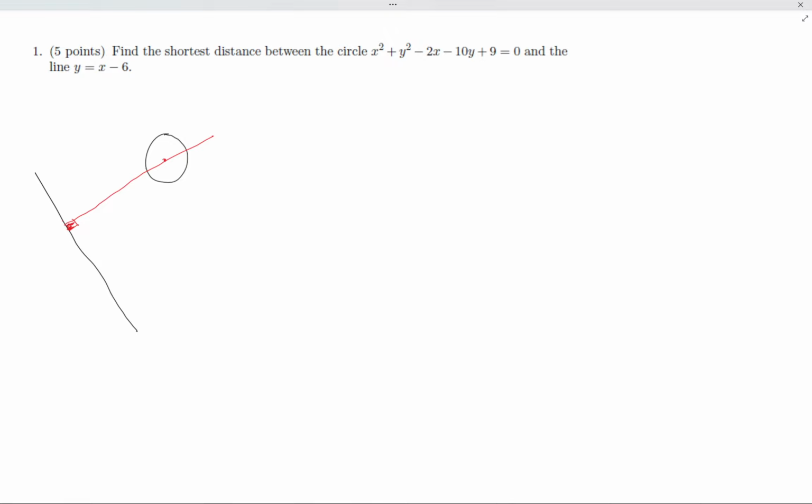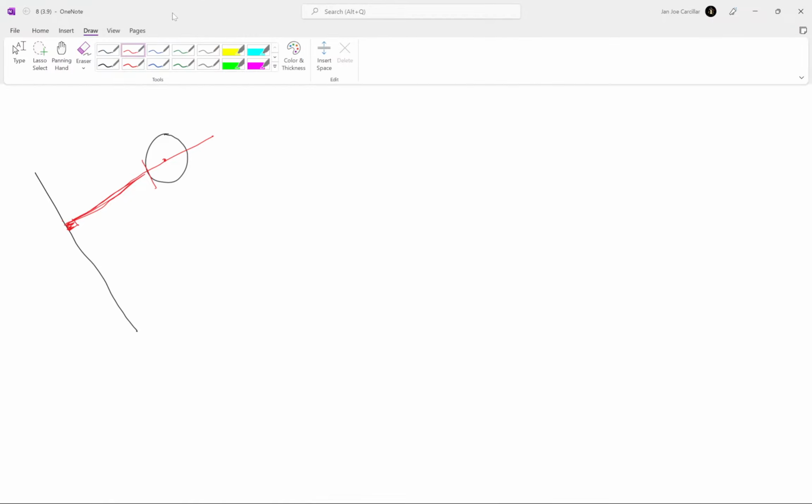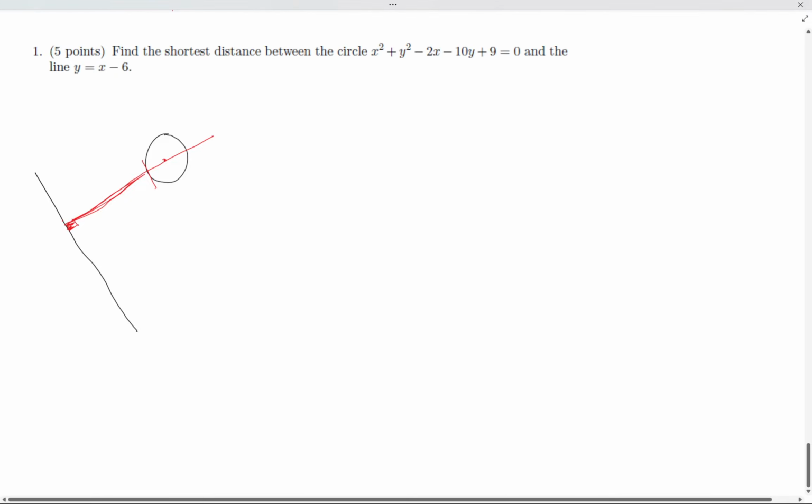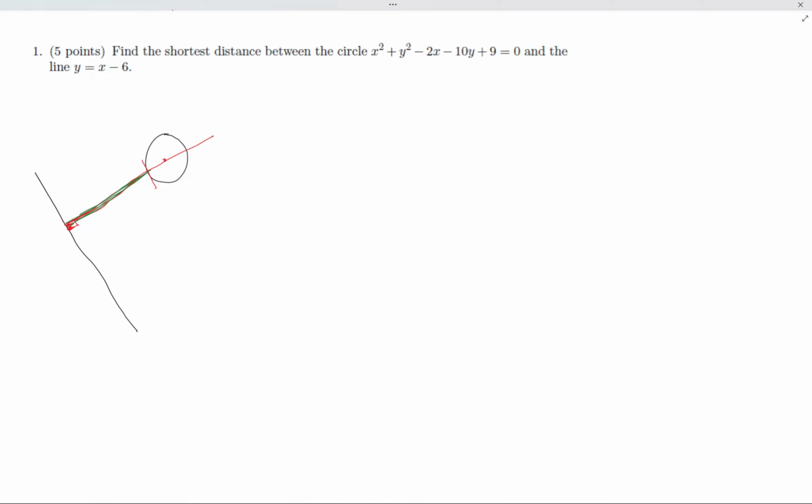Okay, so we are looking for the shortest distance between the circle and the line. Now, if this is the circle and this is the line, this is the distance that we need, from the line to the outer edge of our circle. But how would we do that?